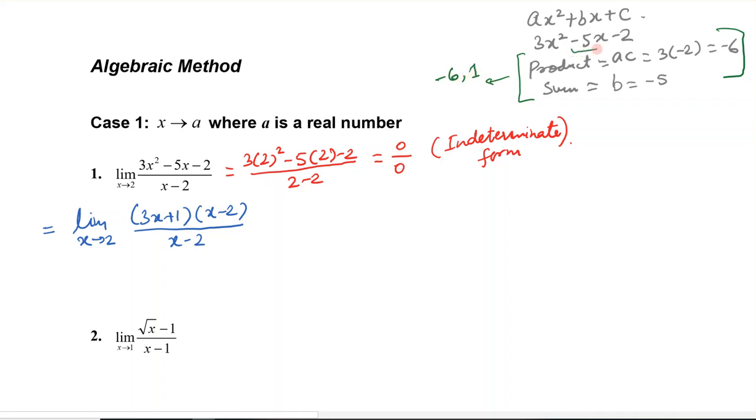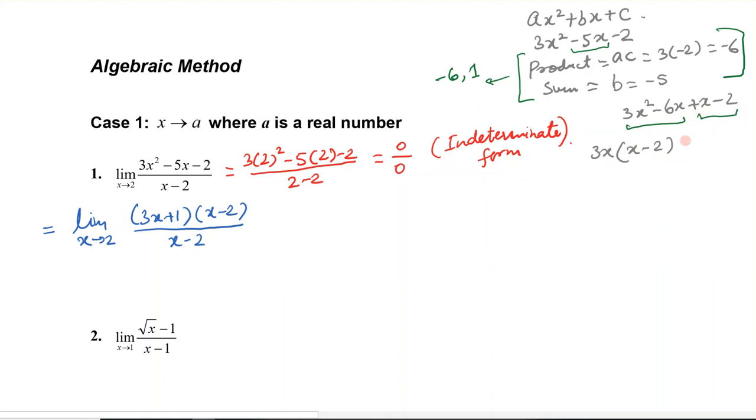Once we get the numbers, we split the middle term using these two numbers. So I'm going to rewrite my quadratic expression as 3x squared minus 6x plus x minus 2. Next, we make the grouping and take out any common terms from each group. In the first grouping, we have 3x as a common factor, and inside you're left with x minus 2.